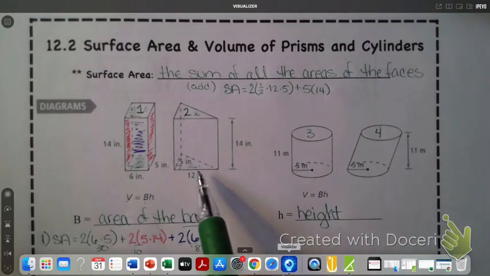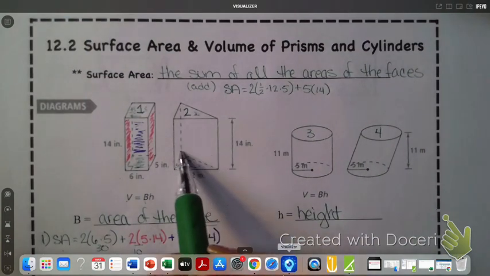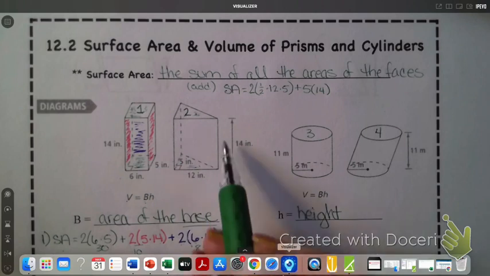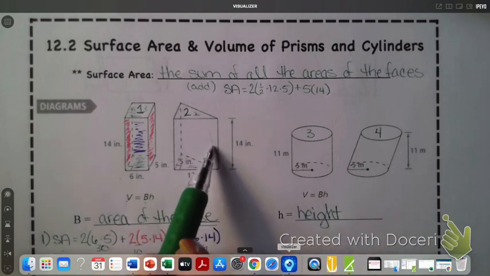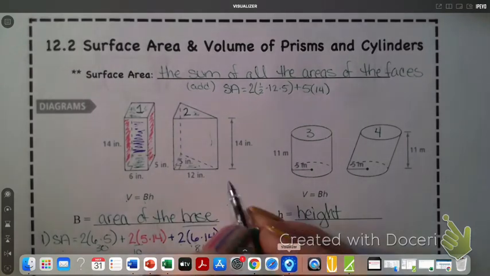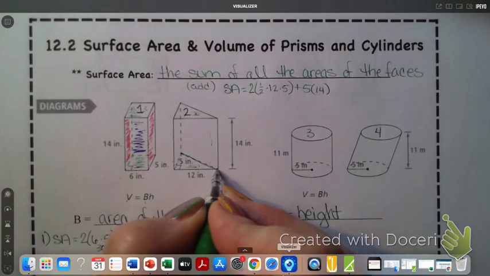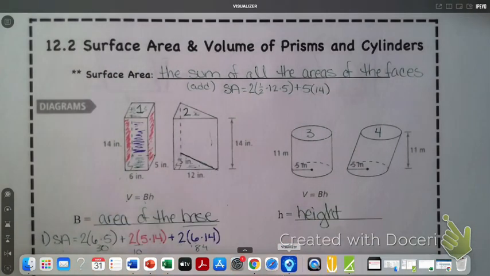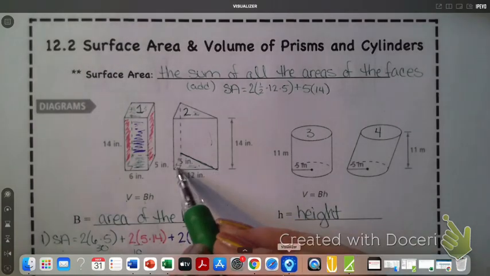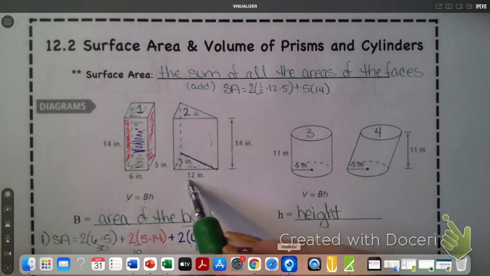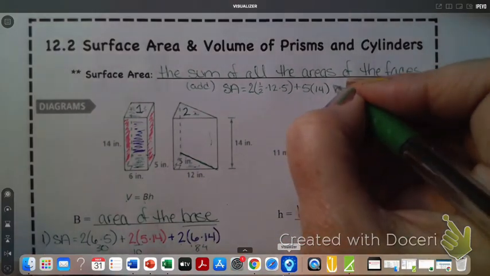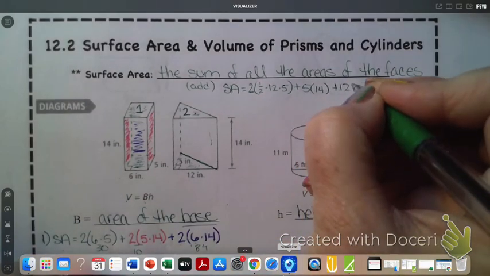Now the front is what by what? 12 by 14. Is this back piece 12 by 14? No, because this part of the triangle is not 12, is it? That's the hypotenuse, isn't it? Can the hypotenuse be the same as a leg? No. So we're going to have plus 12 times 14.